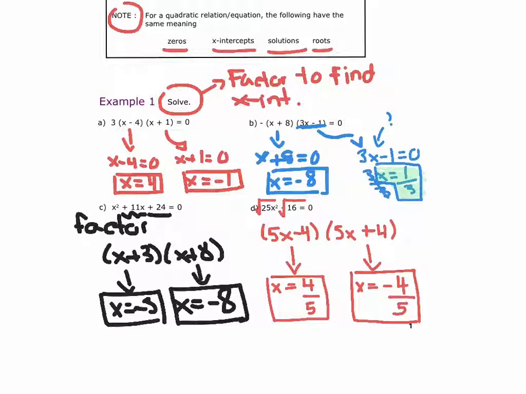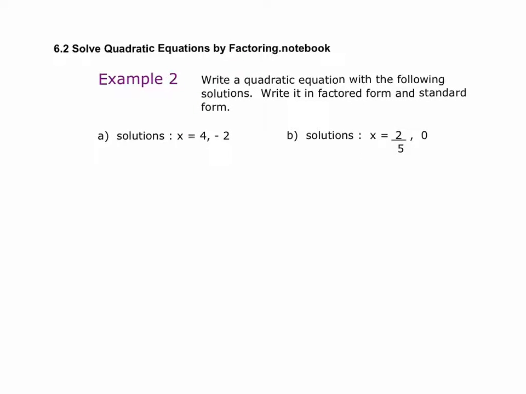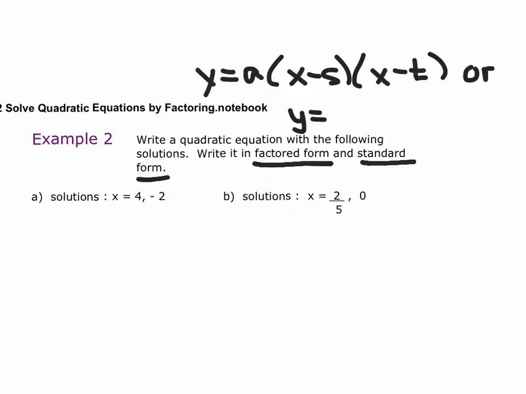Again, this is very much an extension of the first lesson of the unit. What they're asking you to do here is write an equation in factored form and standard form. It's really important to remember the two equations: y equals a(x minus s)(x minus t), or y equals a(x minus h) squared plus k.